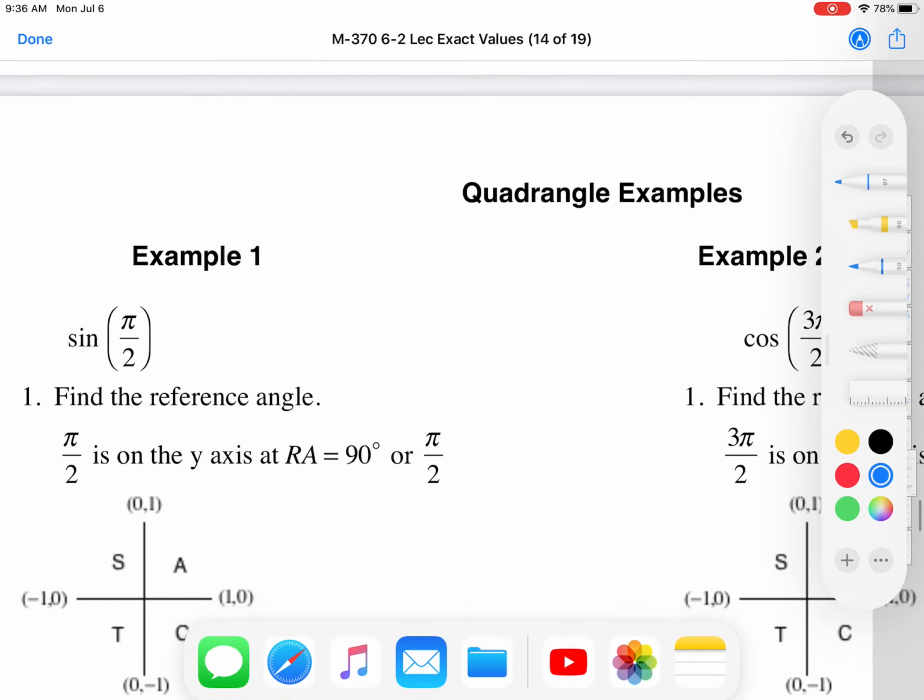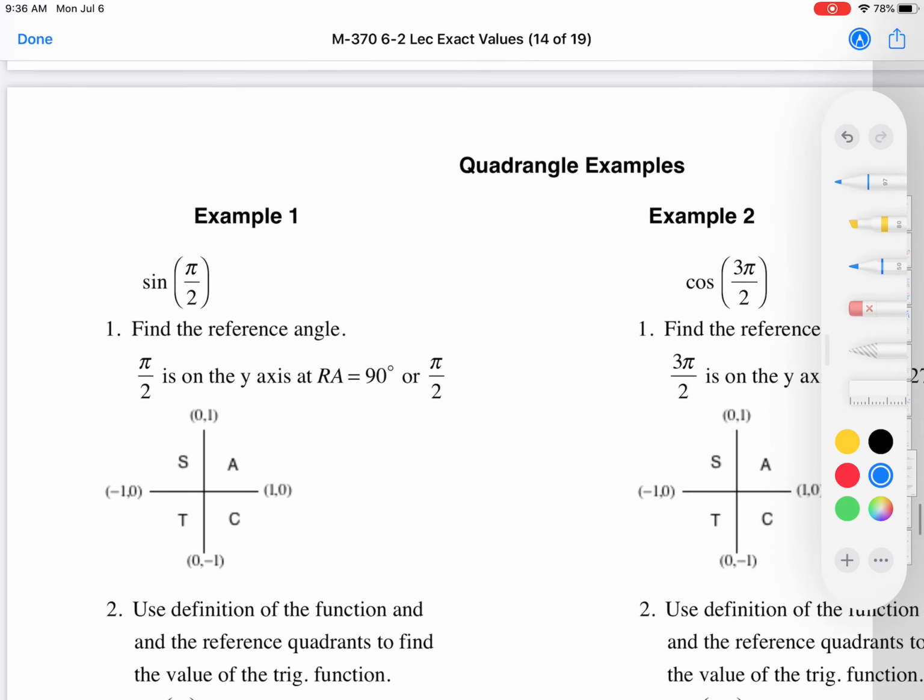Okay, so what he does next is he goes to the quadrantal angles. And so let's see what he's going to do here. If you have sine of pi over 2, ideally you have that memorized. But remember, sine theta corresponded to y. So picture that. You know where pi over 2 is. It's right here. And how far away is that? That's just 1 away. So sine of pi over 2 is going to be 1 because it's a y height of 1.